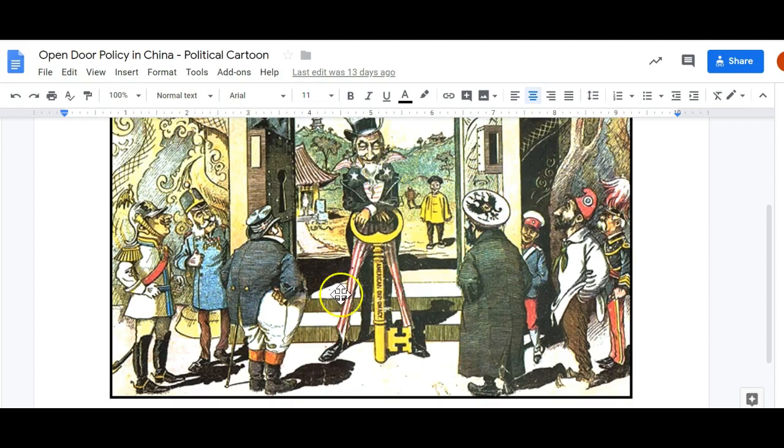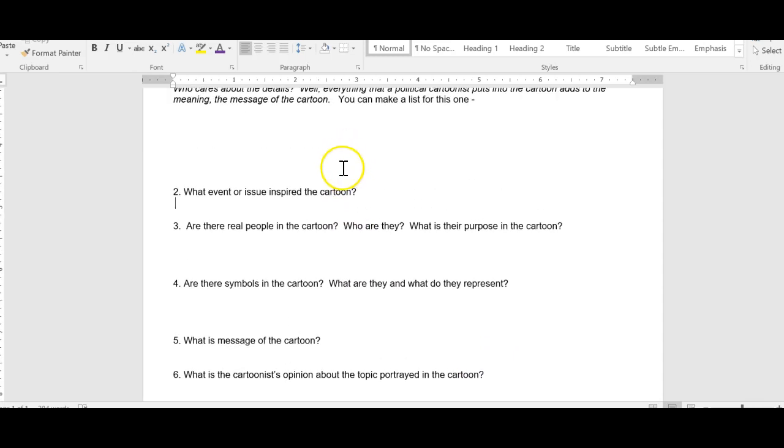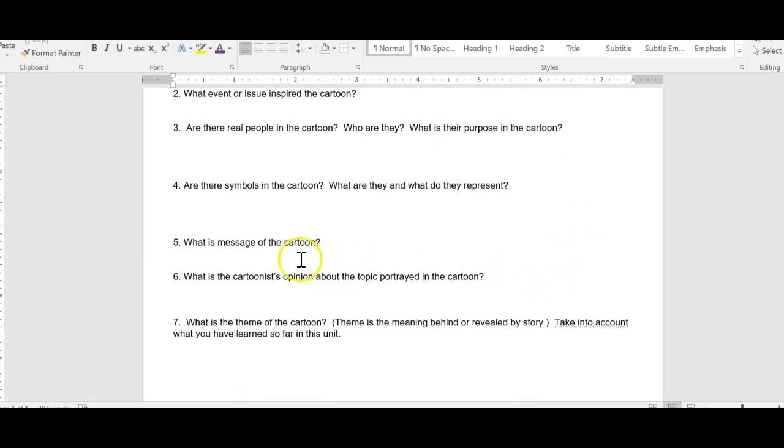You might even look to see what Uncle Sam is wearing to talk about a symbol for that answer. Okay, now hopefully when you have picked apart all of the details and answered a few of these questions, you will be able to write what the message of the cartoon is. Okay, and if you're not sure, you can always send me a message through the inbox.